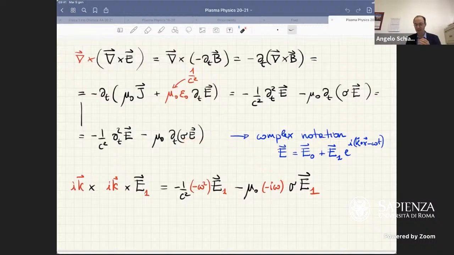So J is sigma times the electric field. And sigma is a complex quantity, and depending on the frequency, is the electrical conductivity of the plasma.